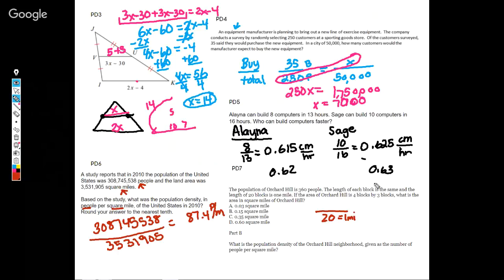So right away, I would look at it that each block is 0.05 miles. I got that because 1 divided by 20 is 0.05. Just like there's 20 nickels in $1, each one block is 0.05.